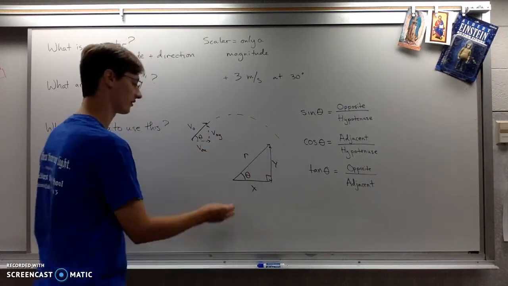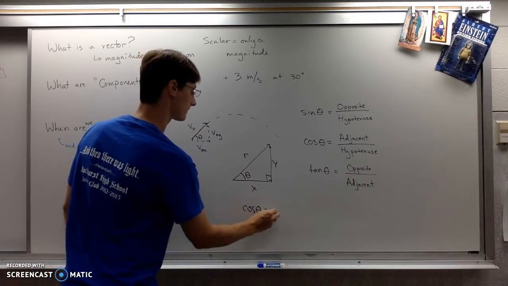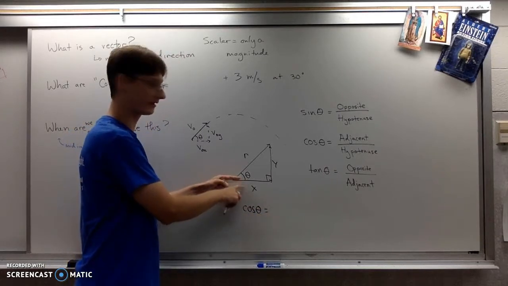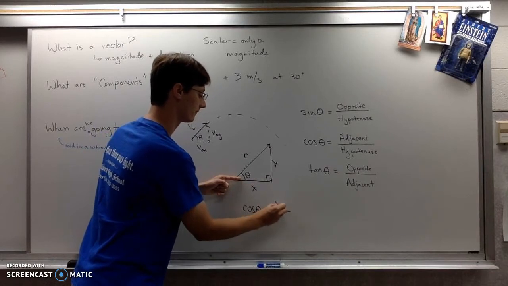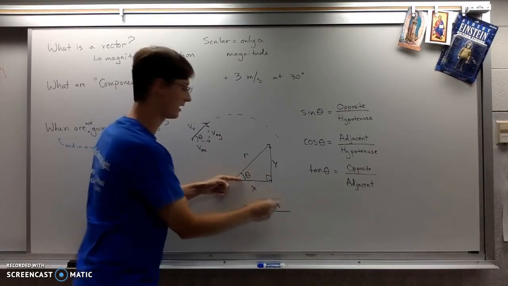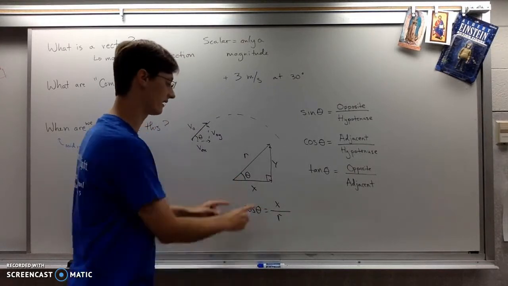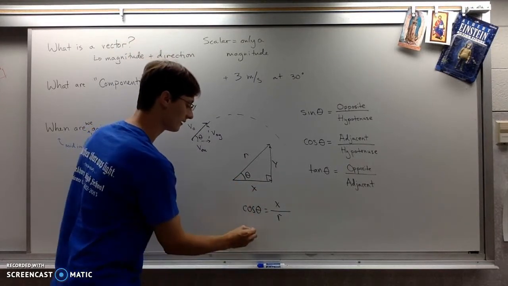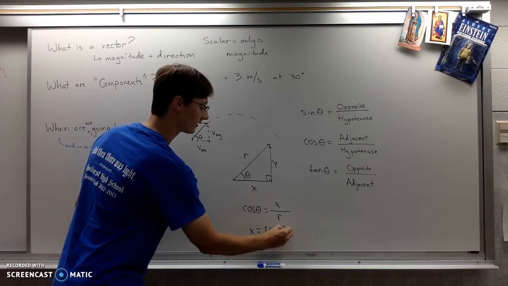All right, so if I write down cosine theta here, cosine theta is going to be this adjacent side over this hypotenuse, which means that x is r cosine theta.